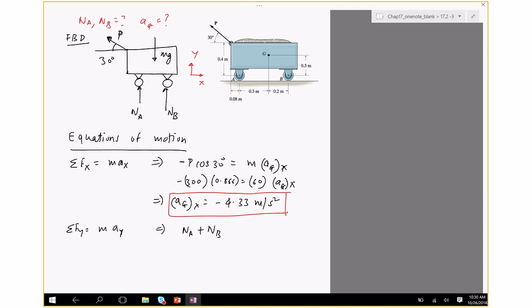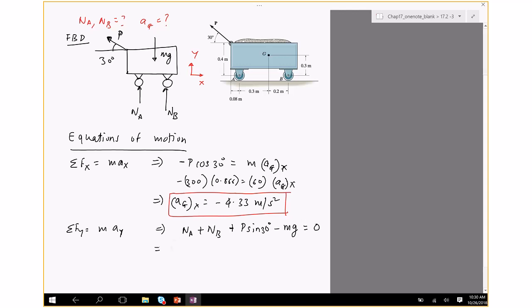The force in the y direction is going to be P sine of 30 degrees, and since that is upwards, it's positive. P minus mass times gravity acting downwards, so negative sign, equals mass times the acceleration in the y direction. So the crate doesn't take off, so the acceleration in the y direction should be 0.